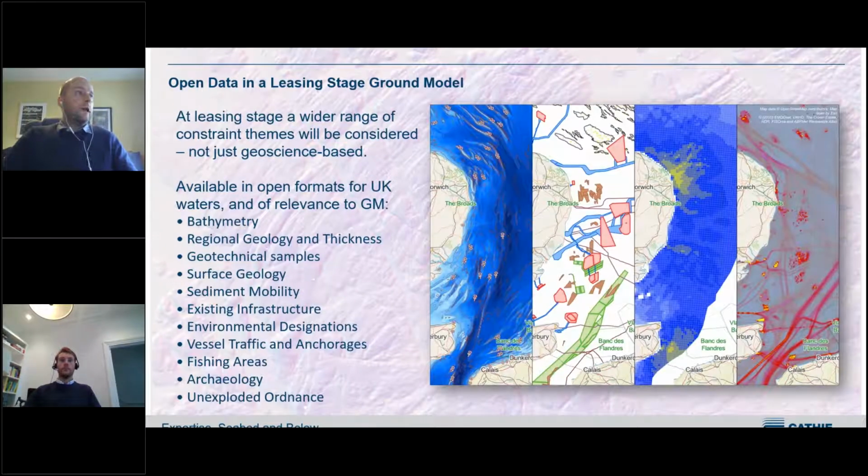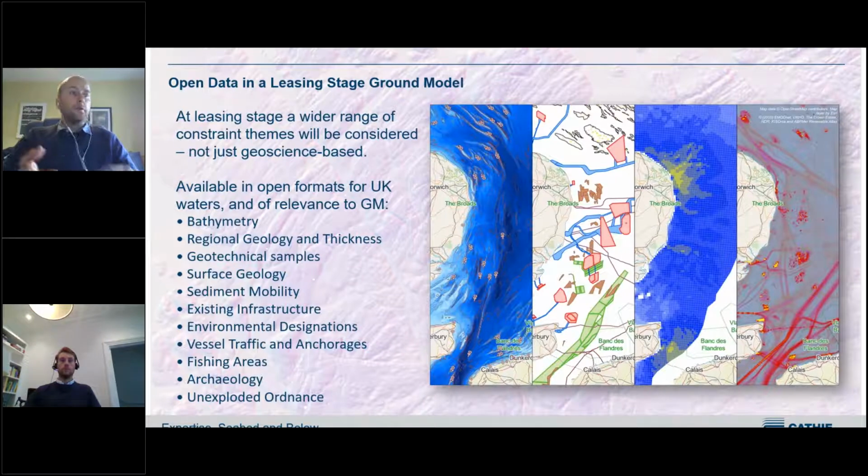Okay, so in terms of the kind of data examples that we would feed into this leasing stage ground model, as I've just mentioned, it's not at this stage exclusively geoscience related. So there are, of course, those data sets that go in, such as bathymetry and regional geology, type and thickness. But we will also try to feed in a whole range of other sources, so we create as complete a picture of any site or development area as we possibly can.